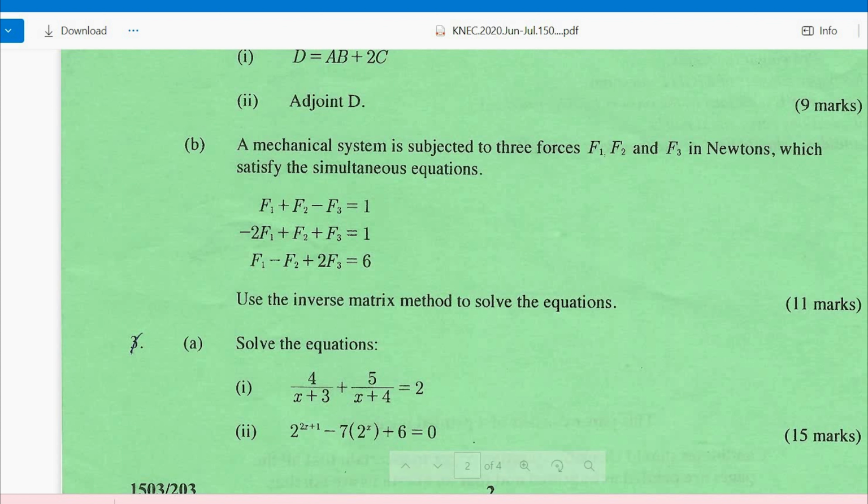It is from the Kenya National Examination Council, which says a mechanical system is subjected to three forces F1, F2, and F3 in newtons, which satisfy the simultaneous equations F1 plus F2 minus F3 is equal to 1, minus 2F1 plus F2 plus F3 is equal to 1, F1 minus F2 plus 2F3 is equal to 6. The question is, use the inverse matrix method to solve the equations. You have 11 marks for that question.